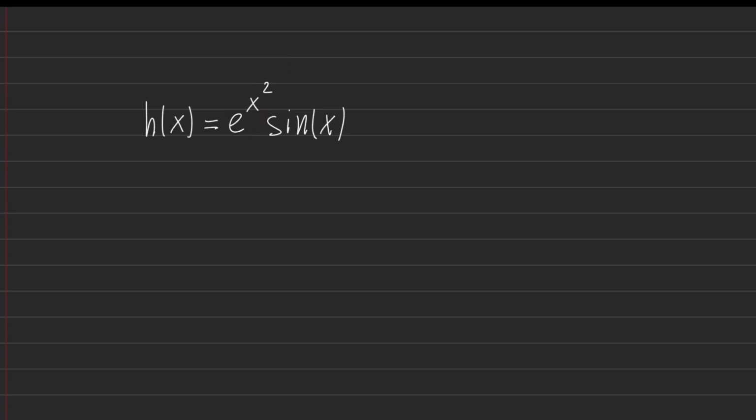What I suggest you do is first call g of x equal to e to the x squared. In this way, you can rewrite h of x as g of x times the sine of x.